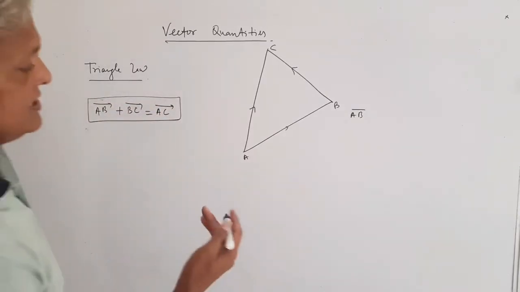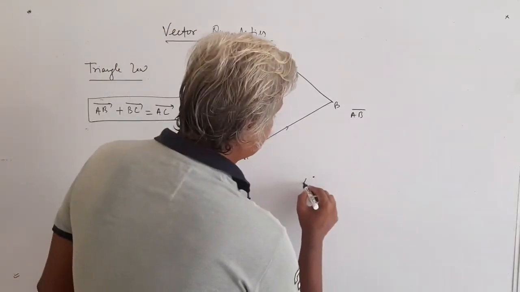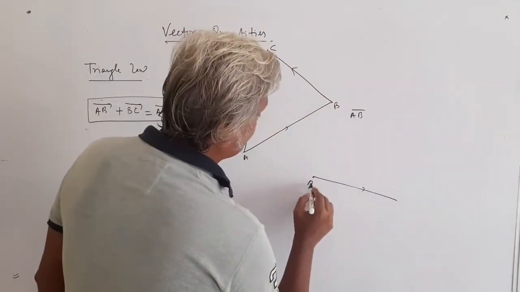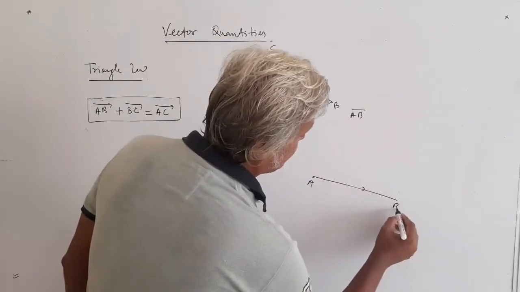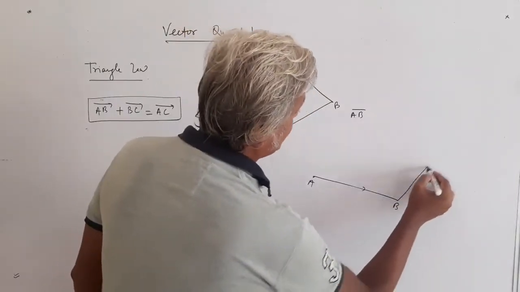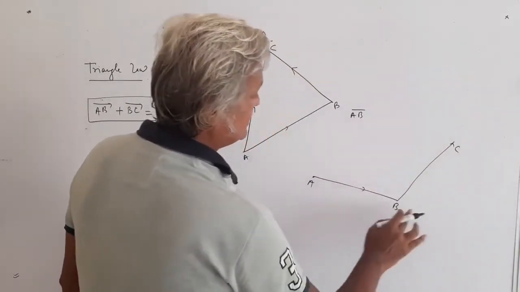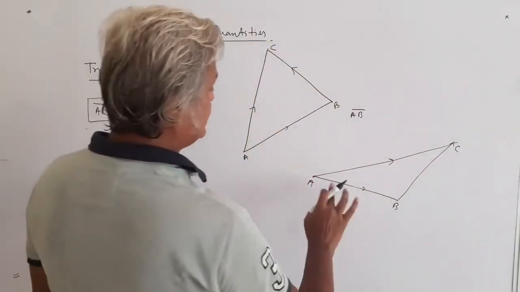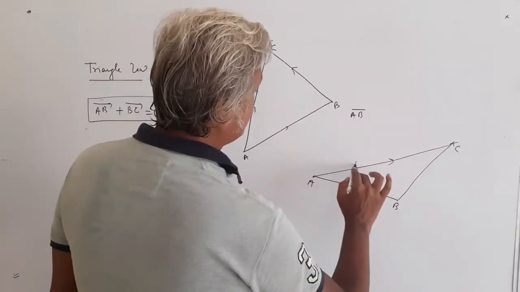Simple. First you have a starting point A, then you go from here to B, so this is AB bar. From there you go to C, this is BC bar. Now if I join this, then what is this? This is AB bar plus BC bar.